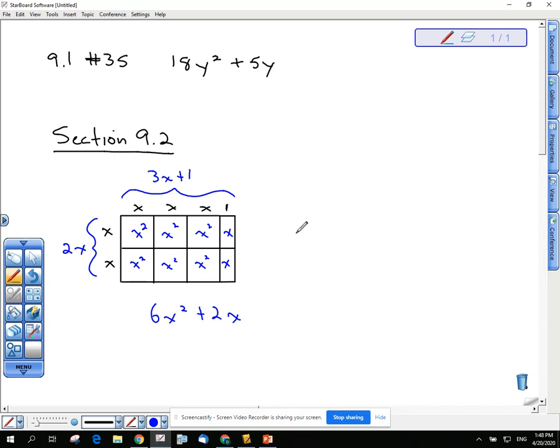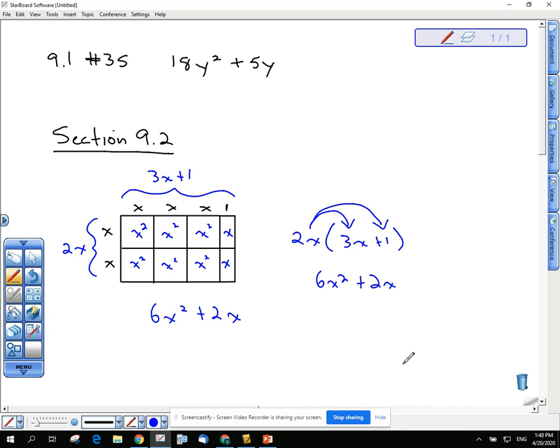Then length times width, or I guess I'm doing width times length, becomes a distributive property problem. As I multiply 2x by 3x, you multiply the 2 and the 3, that would be 6. When you multiply x by x, that's x squared. And then 2x times 1 would be 2x.